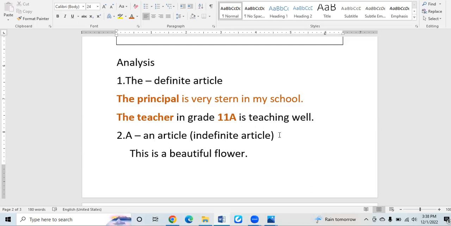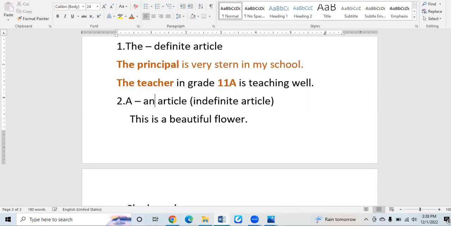Indefinite in the sense, whenever you are writing a, that sentence or the person or the thing should be one out of many. Okay, one out of many. So there are many persons, many things of the same kind, so we use the article a in front of that. As an example, this is a beautiful flower.